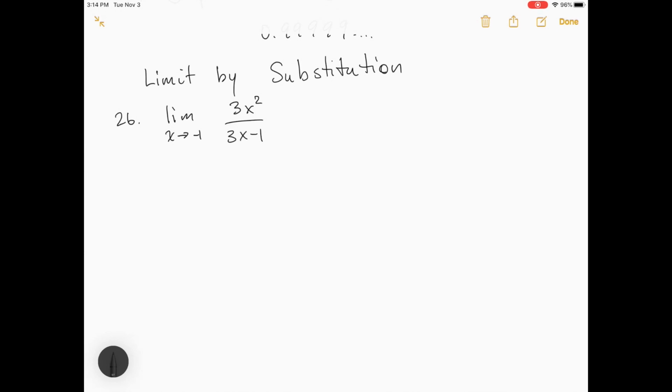So usually when a function is defined and continuous at a point, we can just look at the value of the function at that point, and the limit and the value will equal each other. So plugging everything in, I get 3 times (-1) squared over 3 times (-1) minus 1, which is going to be 3 divided by -3 minus 1, and that's equal to 3 over -4.